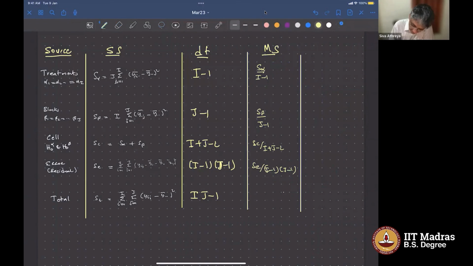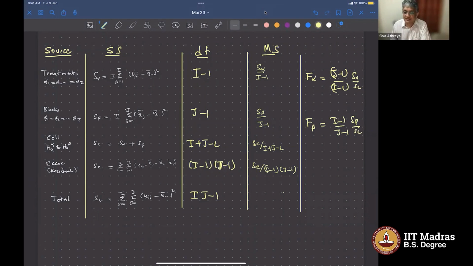F alpha is J minus 1 by I minus 1 times S alpha by S_C. Similarly, F beta is the same as this, I minus 1 by J minus 1 times S beta by S_C.